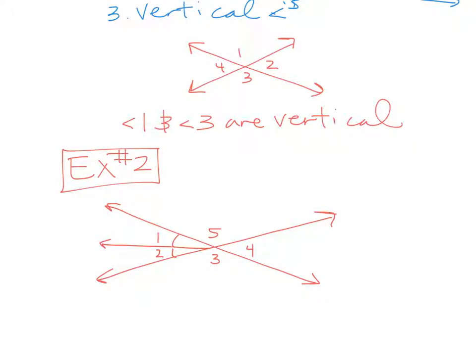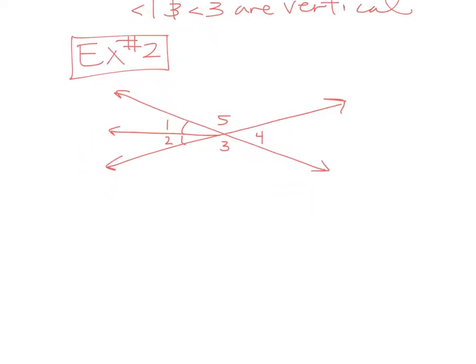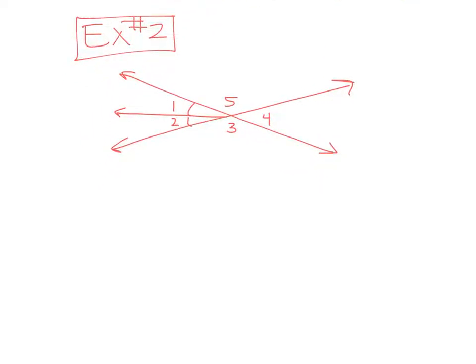Okay, if this is my picture, tell me what you know is true, either from the list of things I just gave you, those three things. Do you have adjacent supplementaries? Do you have adjacents? Do you have vertical angles? Or based on markings that you see in the picture.